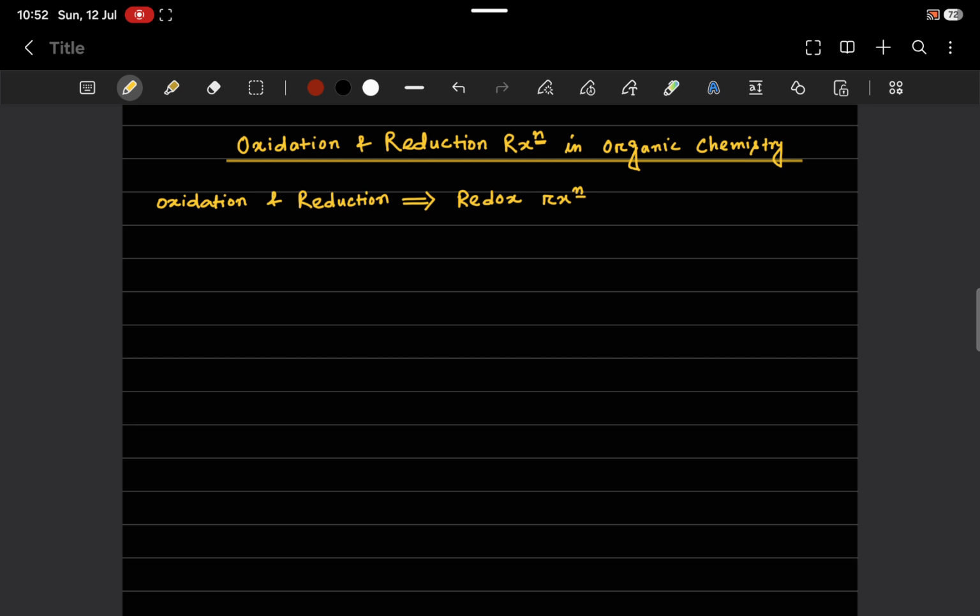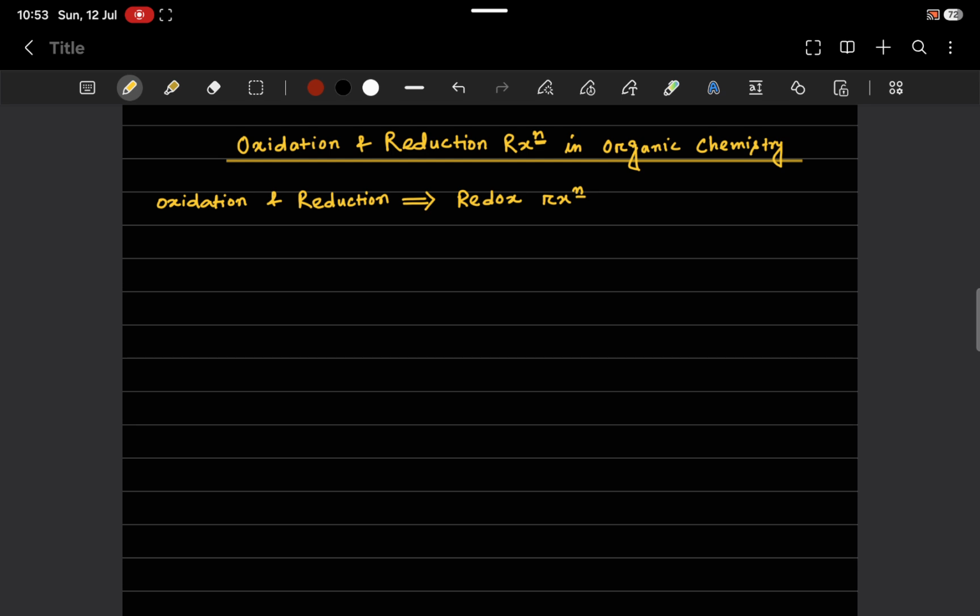It is basically an example of an oxidation reaction, a redox reaction. So this thing you should keep in mind, that is very important, how we can introduce redox chemistry in organic chemistry.